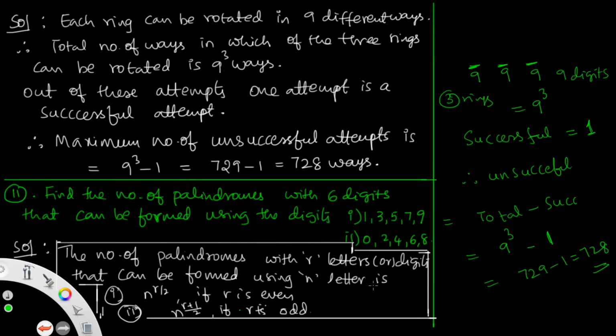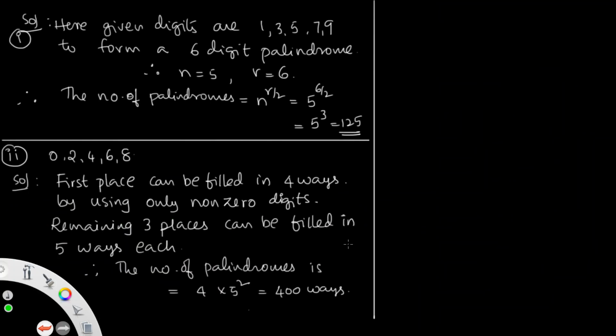Here the given digits are 1, 3, 5, 7, 9, to form 6 digit numbers, so n equals 5. Since R equals 6, it is even, so n to the power of R by 2 gives 5 to the power of 6 by 2, that is 5 cubed.